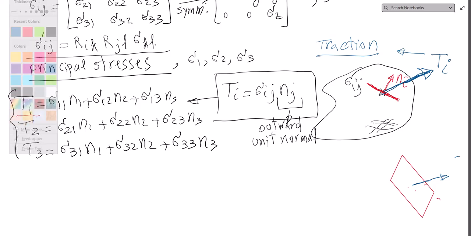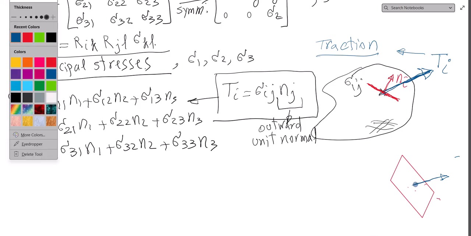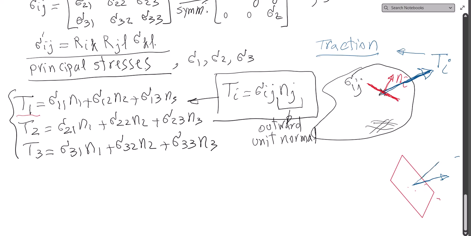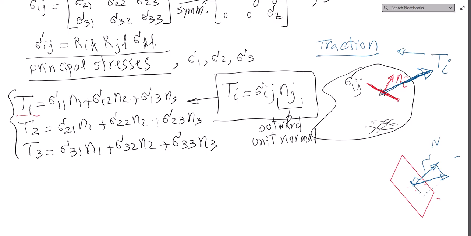Now what I do, I will get the component of this traction in the direction of the normal to the surface. And I get an N, shall we say, component. And later we will get the traction in the plane, which is basically the shear in this plane.